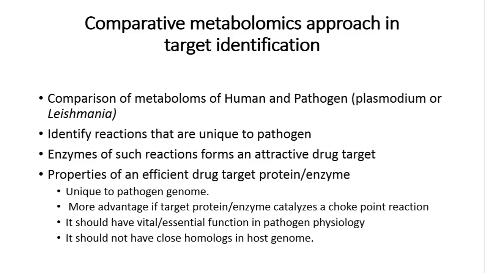Once we identify such unique reactions, if you have identified a reaction, that means you have identified an enzyme, because most of the reactions in cells are enzyme catalyzed reactions. So you have identified an enzyme, and such an enzyme that catalyzes a unique reaction is usually a very good drug target.